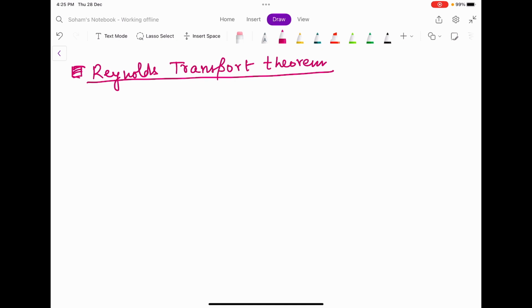In the energy equation, we can derive the energy equation with or without the Reynolds transport theorem. I will explain both of the ways. But as I will also use the RTT, I will describe how and from where it comes.